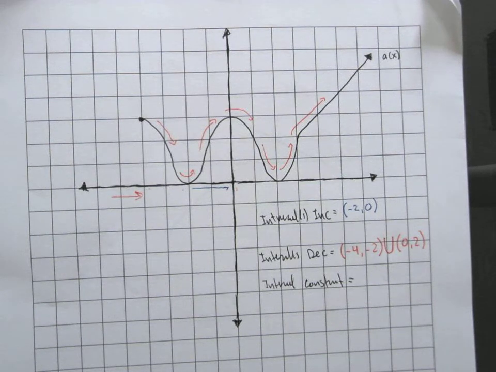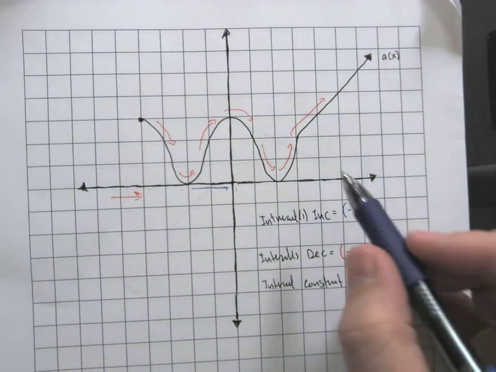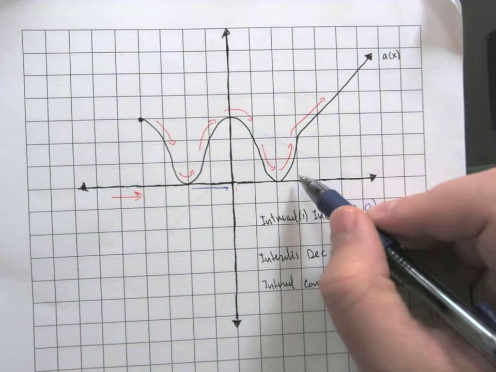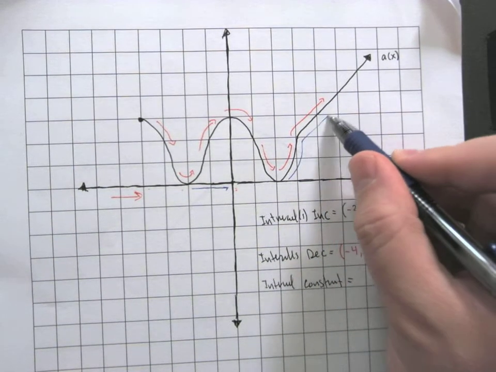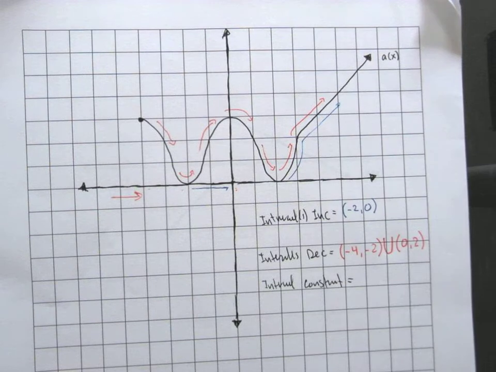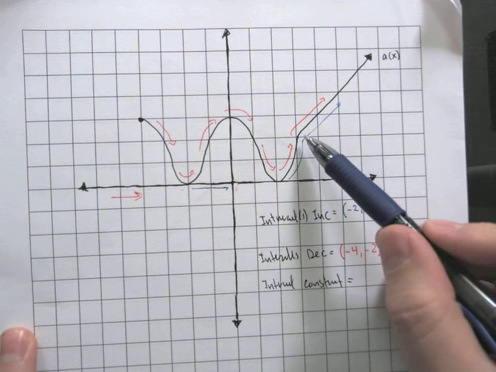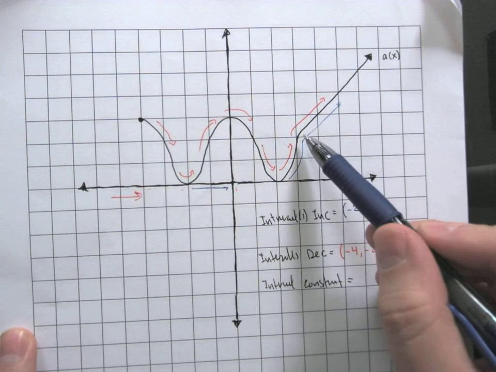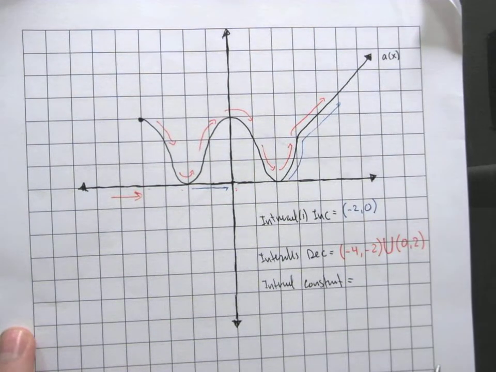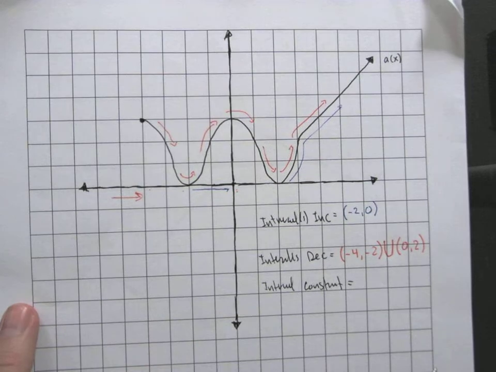For the last interval, even though there are two different behaviors happening, starting at positive 2, we're headed up, and then we change what the function is doing a little bit. Instead of this parabola kind of shape, we break into more of a straight line. But over that whole section, the function is getting larger, the y values are increasing.